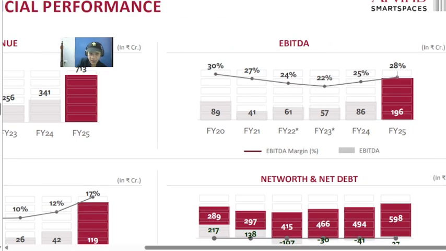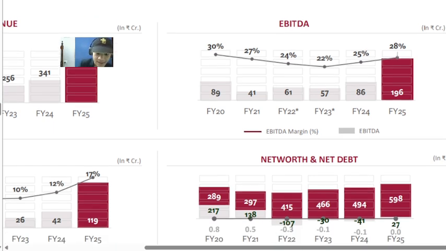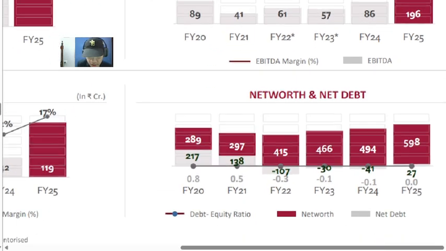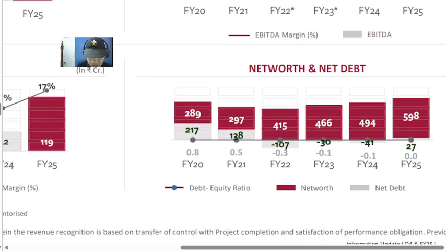We see EBITDA margins of 28%, on the rise from fiscal 2023. There is an asterisk, which I'm not going to read, but it seems to be consistent, 28%, 27%. Now, net worth, which is assets minus liabilities, is 598 crores. Importantly, this gray section, net debt, is total liabilities minus cash and cash equivalents.